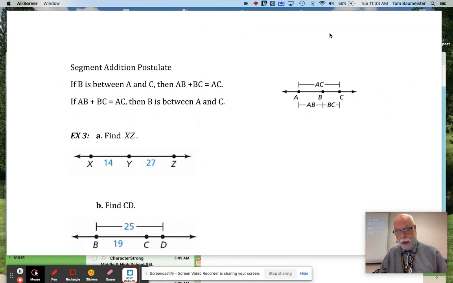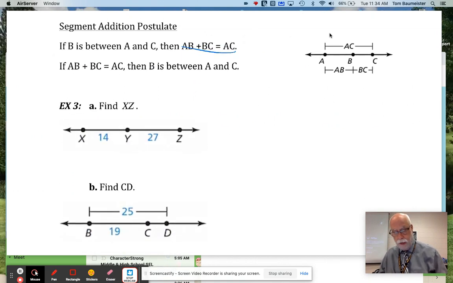And the opposite of that is if AB plus BC is equal to AC, then we know that B is between A and C. So they're just telling you the statement and then the converse of the statement, and we're going to learn what those words mean later on too.